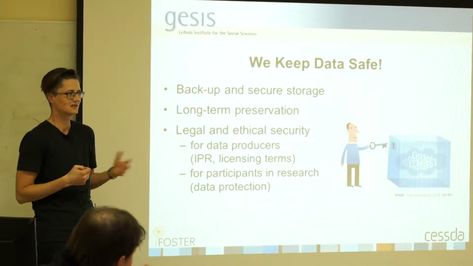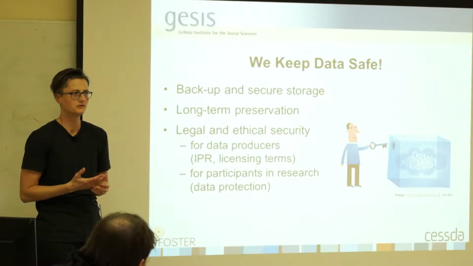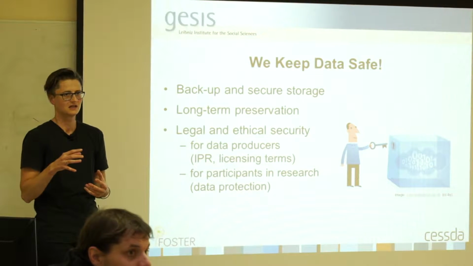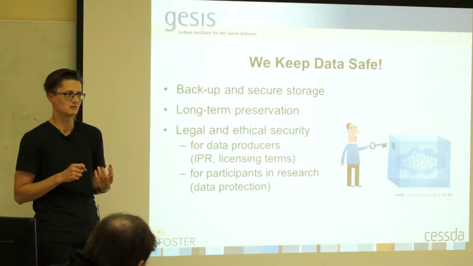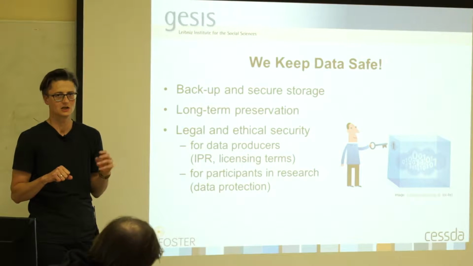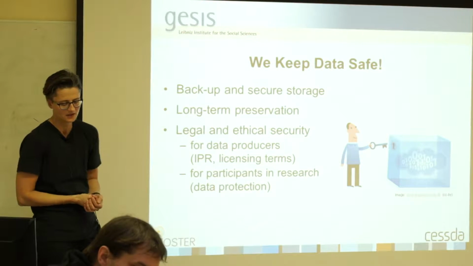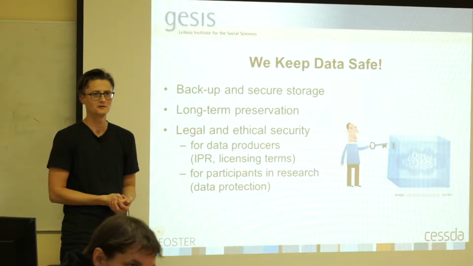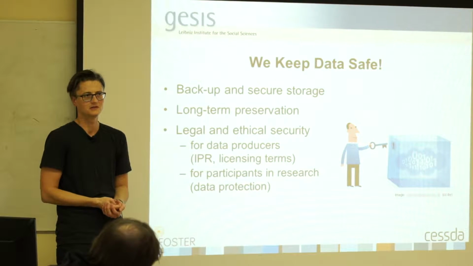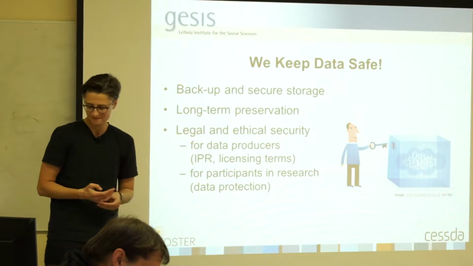But this also means that if we receive data for archiving, one of our curators is going to sit down and look at the data to check for anonymization problems, for example. And if we find that the data is not sufficiently anonymized, we'll return it to the data producer and ask them to fix that problem. So this is one way in which we try to protect the participants in research.